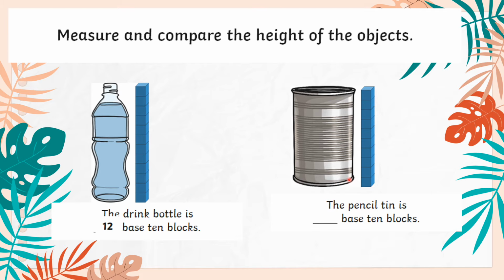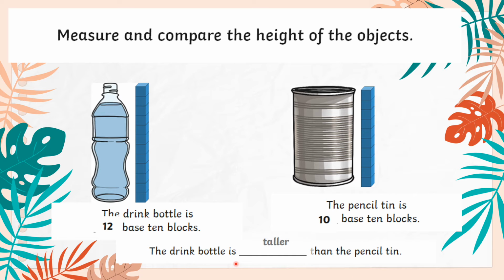Now how many base 10 blocks make up the height of the pencil tin? 1, 2, 3, 4, 5, 6, 7, 8, 9, 10. We have 10 base 10 blocks. Now the drink bottle is taller than the pencil tin. We use taller when we are talking about height.